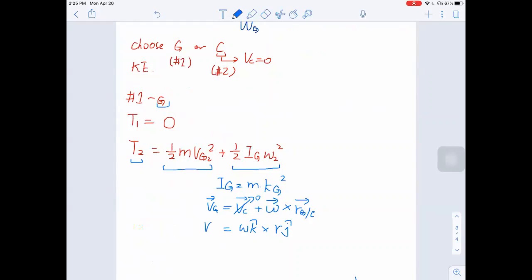From here, you will end up with a relation that Vg equals k cross j, which is negative i, so Vg is negative omega R in the i direction. Vg is just negative omega r.